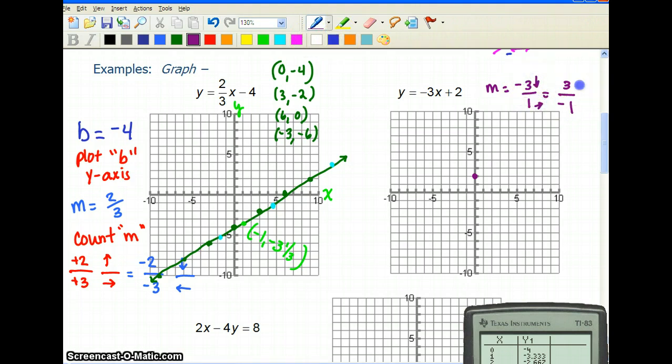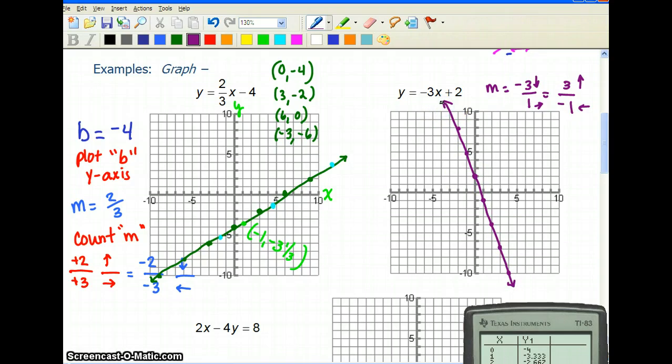If we do it this way, we're going to go up and left. So we can go down 3 to the right 1, down 3 to the right 1, down 3 to the right 1, or we can go up 3 to the left 1. And all of these, anything that's on this line is a solution.